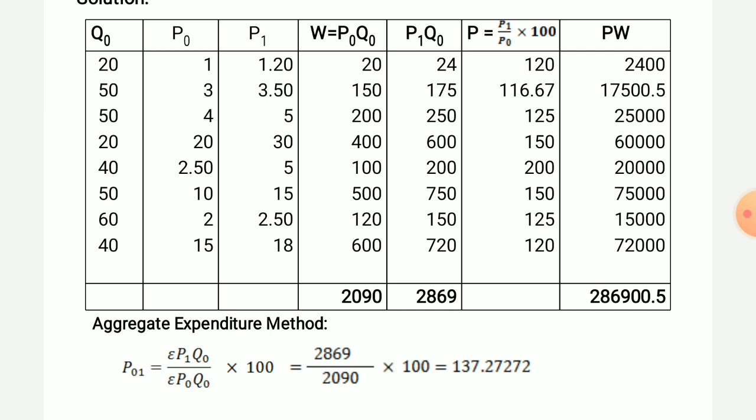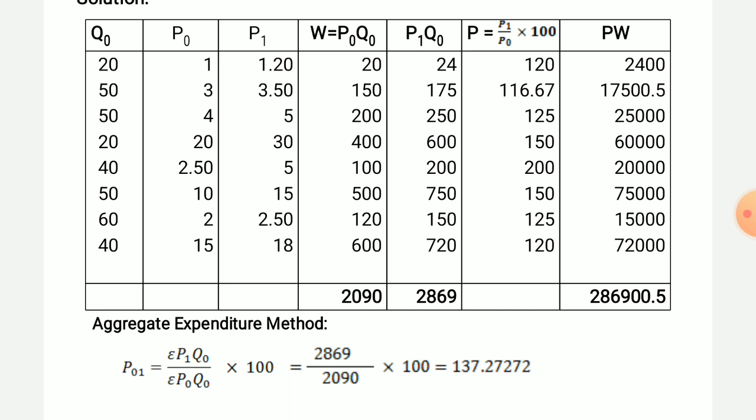And we can also calculate another value, P is equal to P1 by P0 into 100, in the next column, the price relatives. That is, current year price divided by base year price into 100.